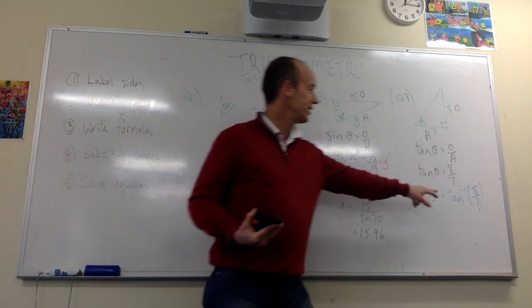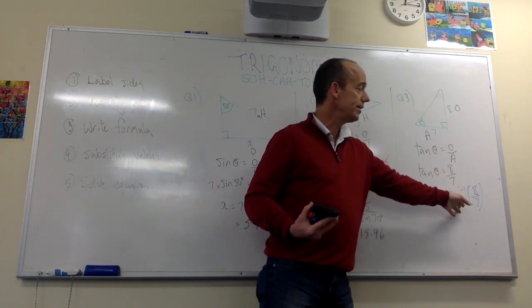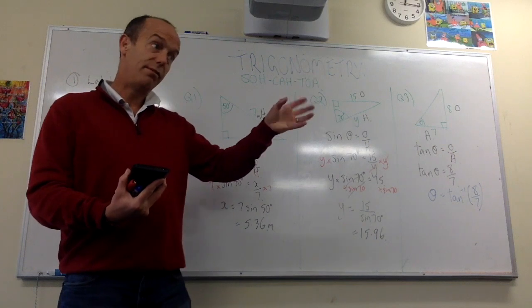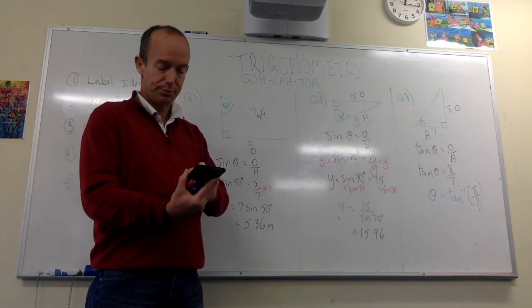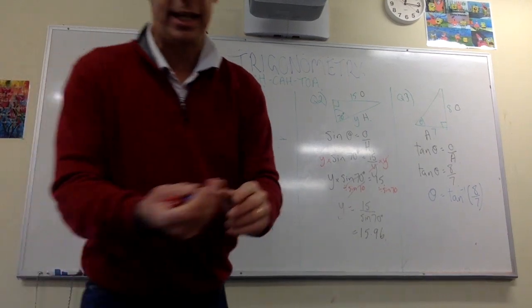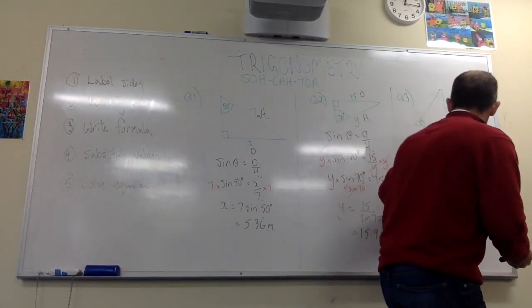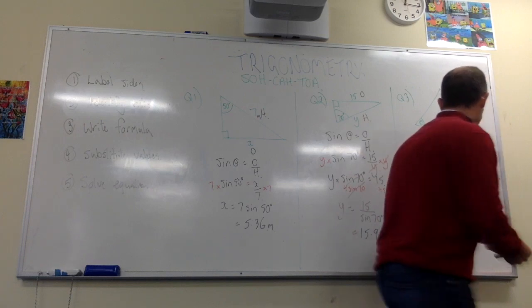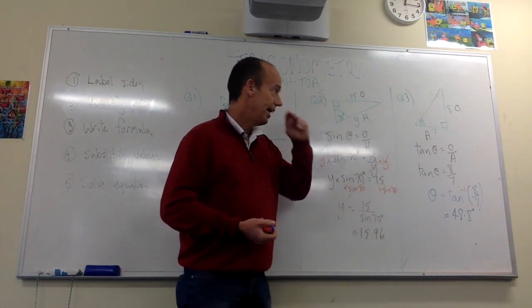The 8 divided by 7 I'm probably best putting inside brackets so that the calculator knows that I'm doing the inverse tan of that ratio. And when I do that, I get 48.8, and that will be 48.8 degrees. And that's my answer.